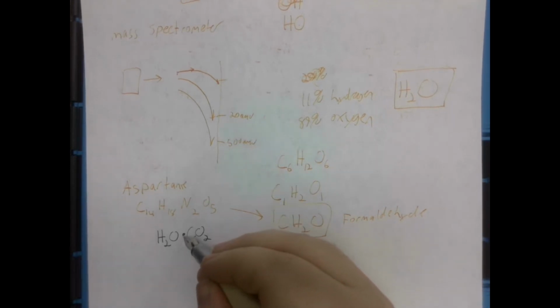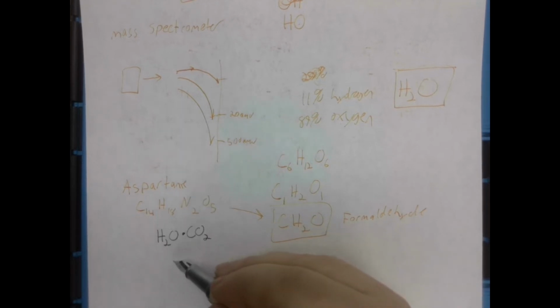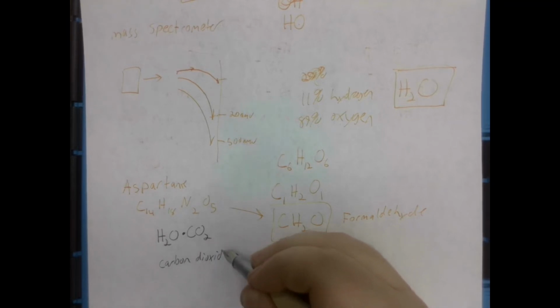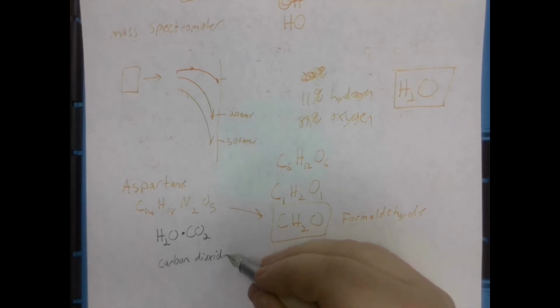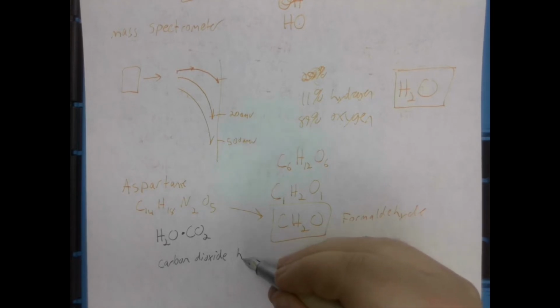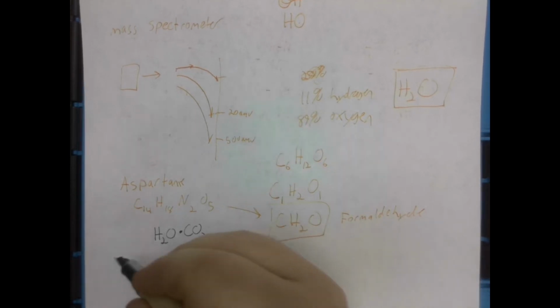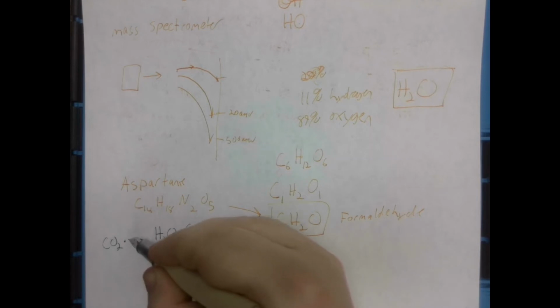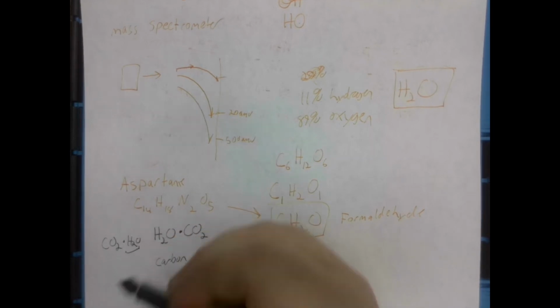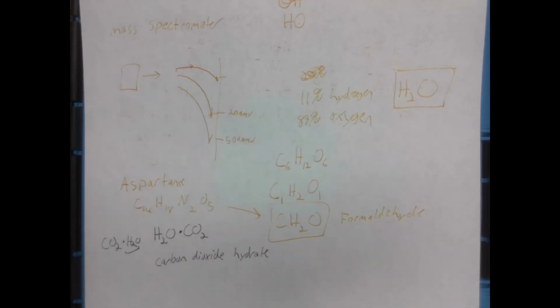The dot, in which case this would be called a hydrate. And you would write it as CO2 dot H2O because you put the hydrates at the end of it. But I'm not sure that that's right. So it wouldn't be carbonate. No. I guess then it would be.